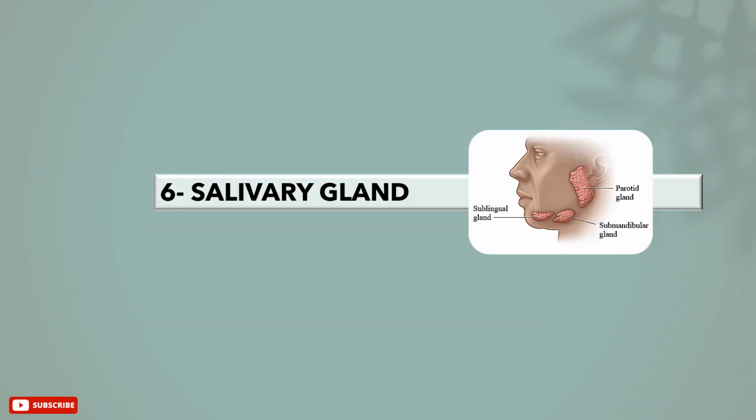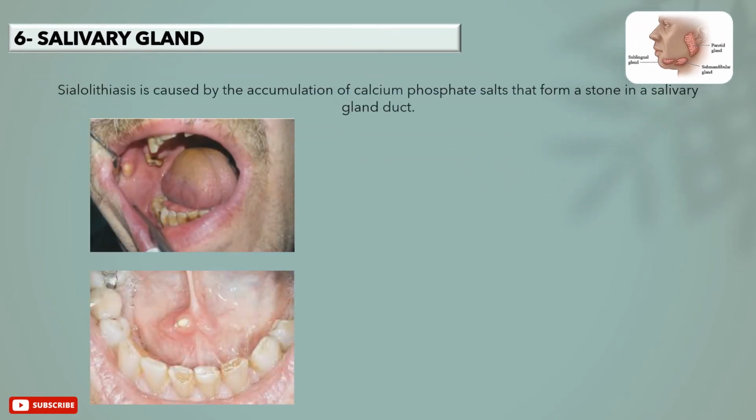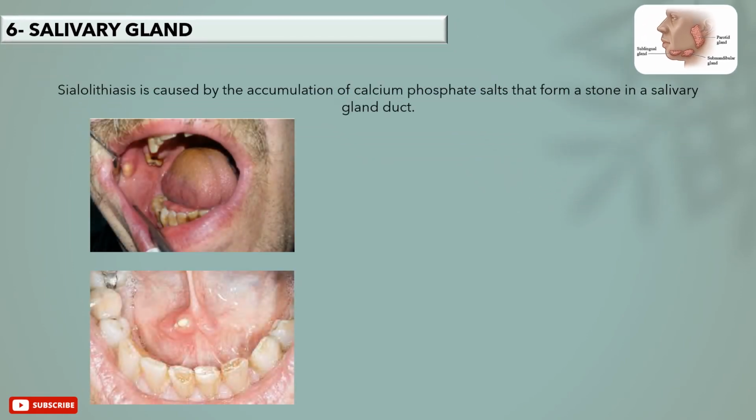The sixth cause for non-odontogenic pain is the salivary glands. Sialolithiasis is caused by the accumulation of calcium phosphate salts that form a stone in the salivary gland duct. When the stone becomes large enough to occlude the duct, inflammation and pain are the result.